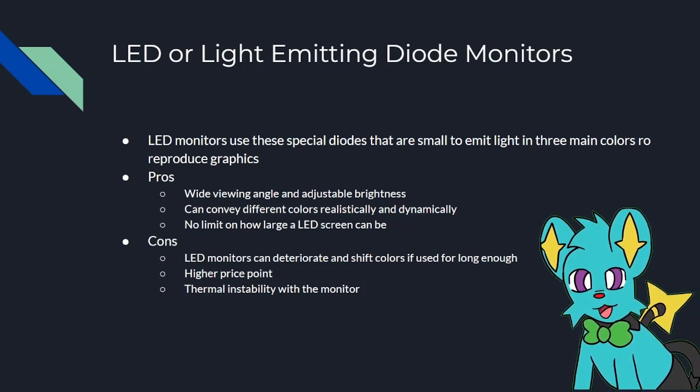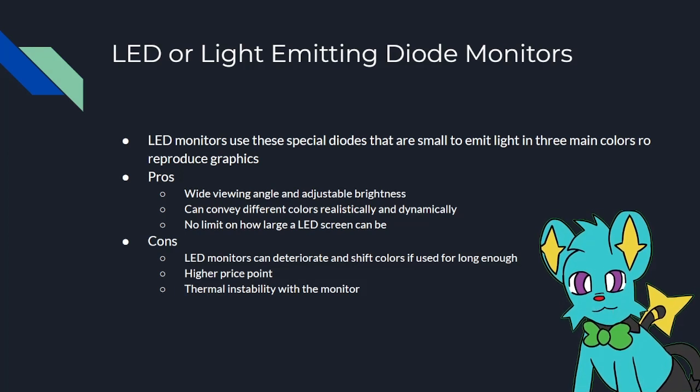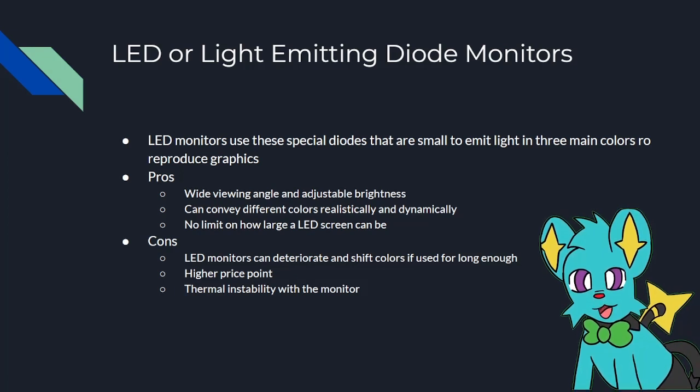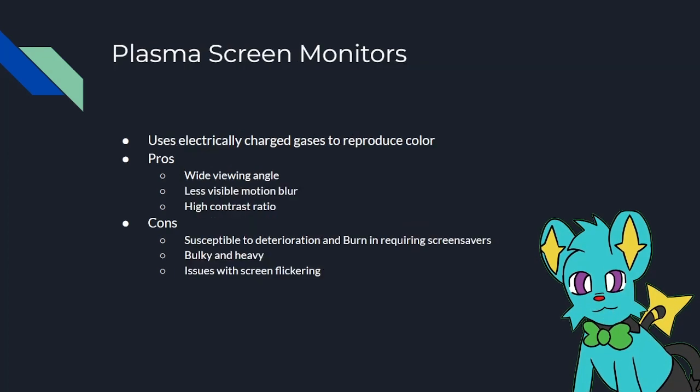They're using LEDs now for certain billboards that are exceptionally large. The cons of these is that the LED monitors can deteriorate and shift colors if you use them long enough. They can be a bit more expensive, and they have issues with thermal instability causing wear and tear to the monitor, which is a problem.